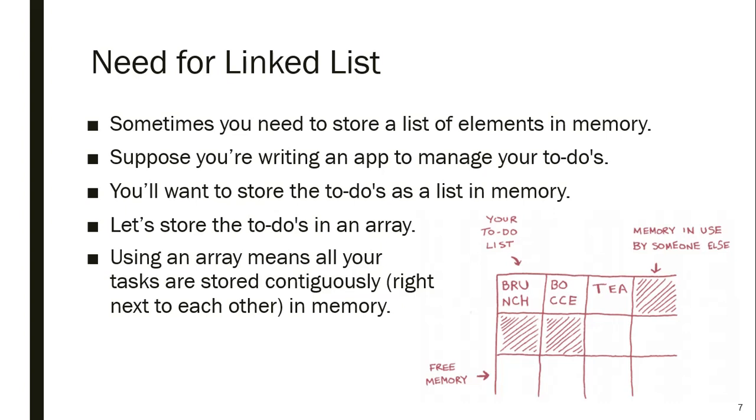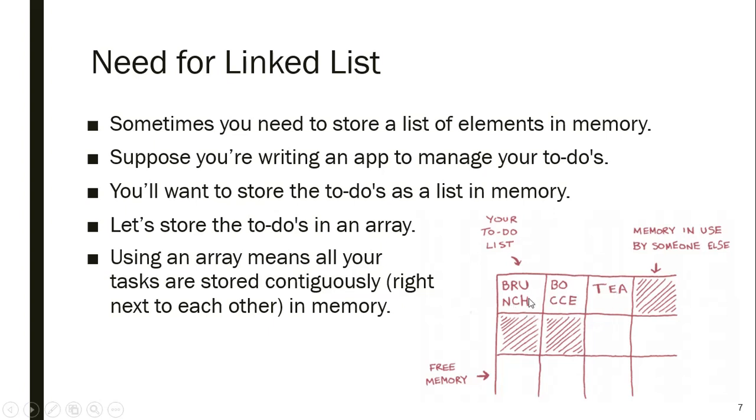An array is a combination of continuous locations. For example, if this address is 1001, this will be 1002, this will be 1003, if we consider that each contains only 1 byte, or the word size is 1. Using an array means all of your tasks are stored contiguously right next to each other in memory.